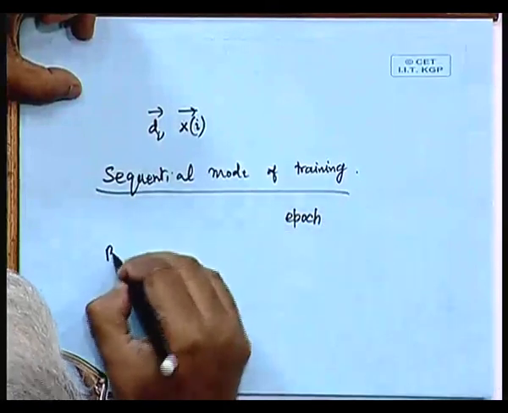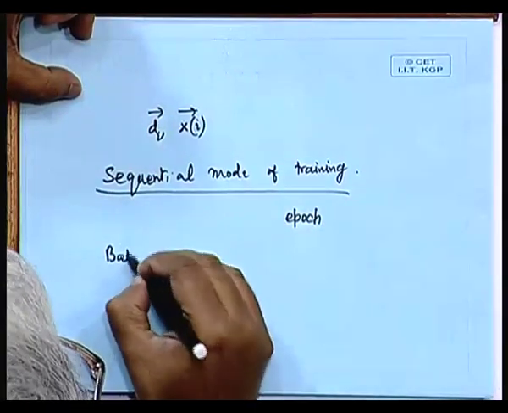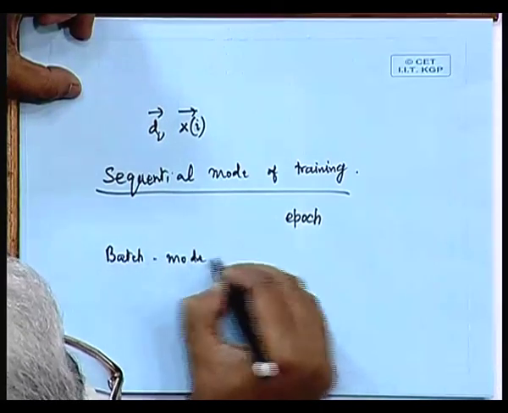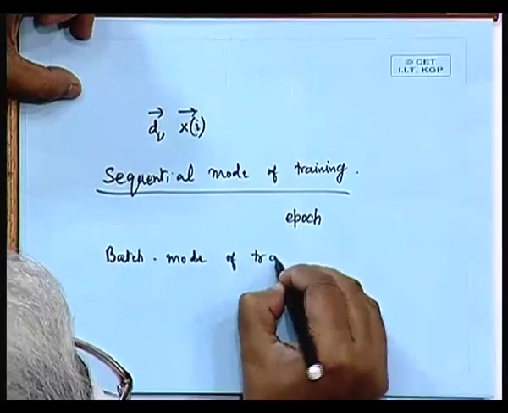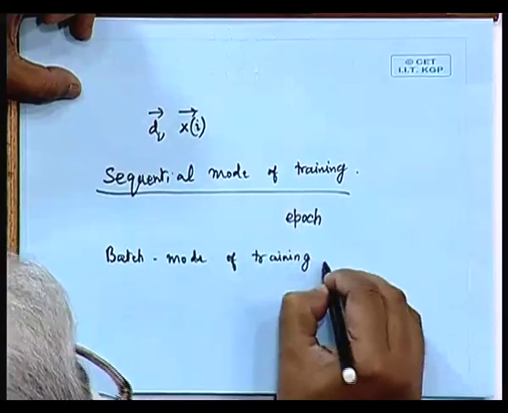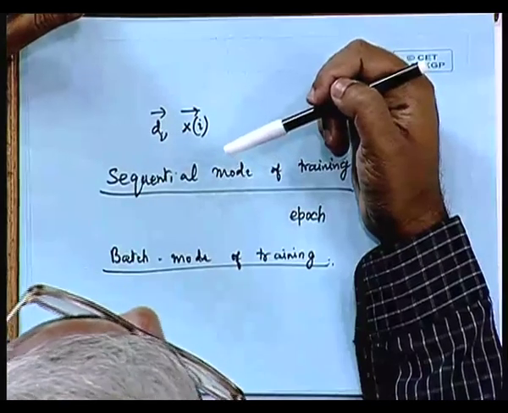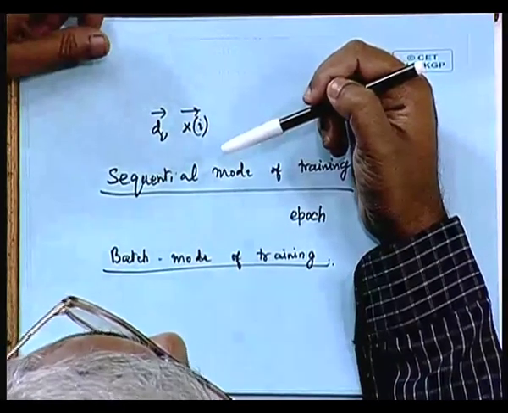Alright. Now, the debate that comes to mind is whether the sequential mode of training or the batch mode of training, which one is better. I can ask the students present here to initiate this debate.